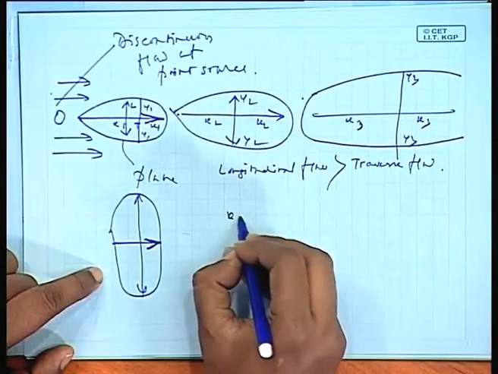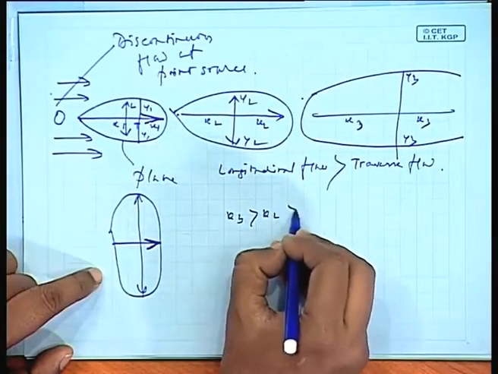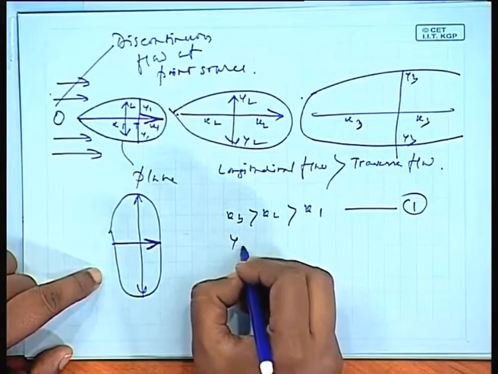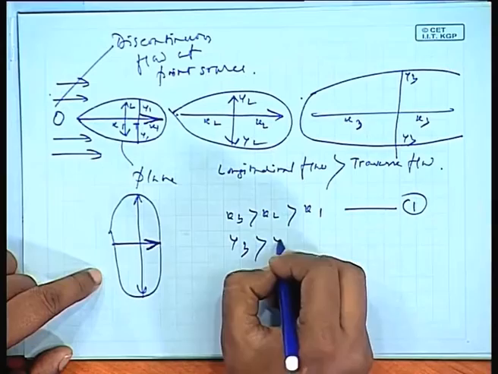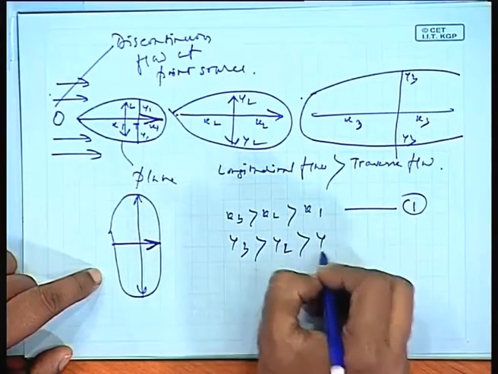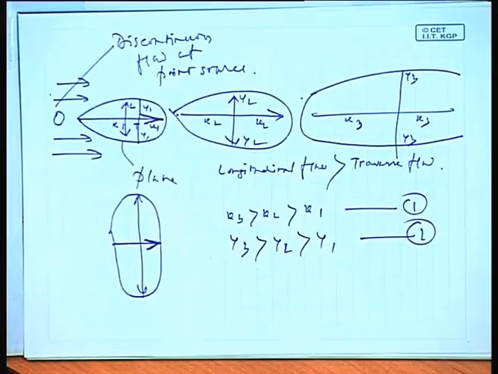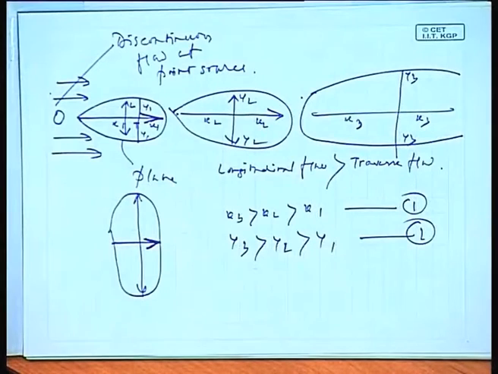Always remember x3 is more than x2, more than x1. This is a characteristic of the plume, and also y3 is more than y2 and more than y1. This will always take place. That is why it takes the shape of a balloon or a plume like this, a balloon continuously getting inflated. This is how the plume would look in case of a discontinuous flow.